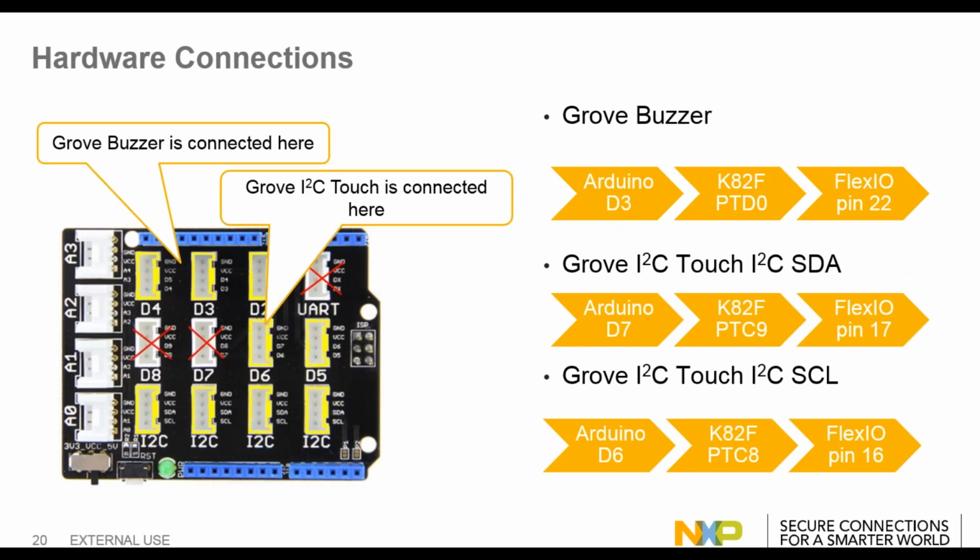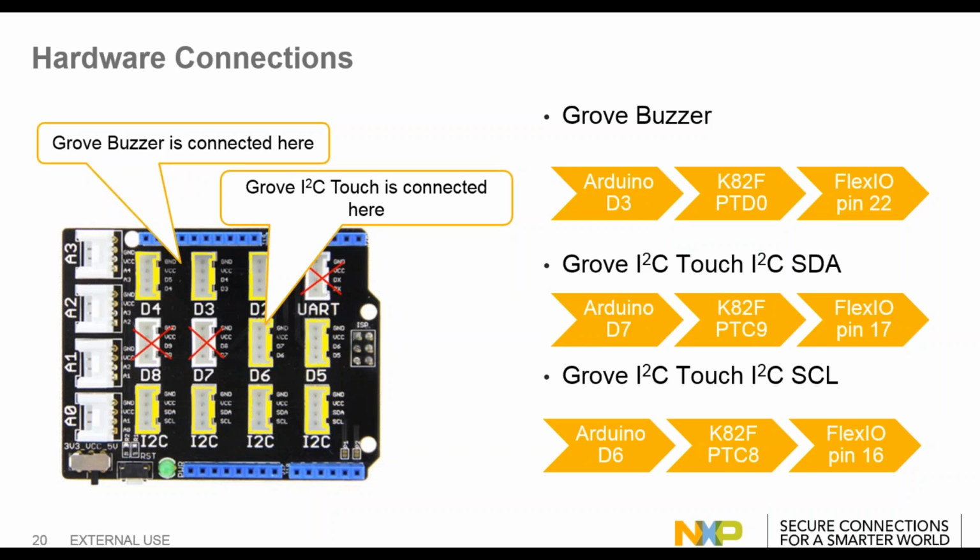So let's talk about the hardware connections. We have the Grove buzzer and the Grove I2C touch, and these are connected in two different places. The Grove buzzer is connected to the D3 connector, and the Grove I2C touch sensor is connected to the D6 connector.